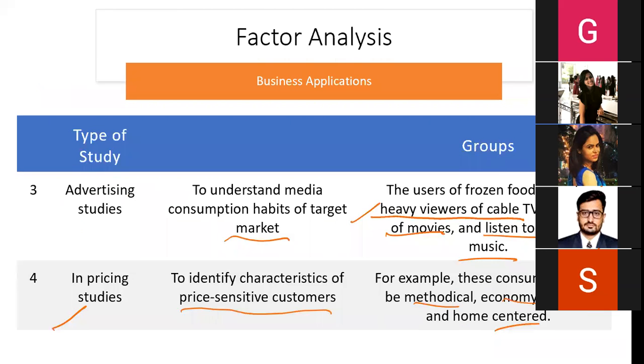Similarly, for advertising studies, if I'm a brand which is into frozen food, I would like to know the media consumption habits of the target market. So I know where my TG is, and where I can target my TG. They can be heavy viewers of cable TV, nowadays OTT, Netflix, Instagram. That is their media buying habits that I can see.